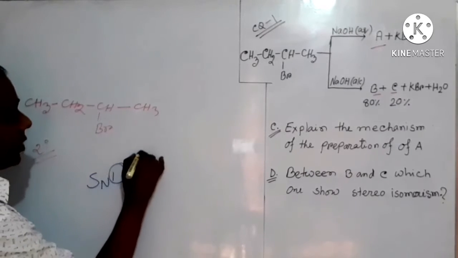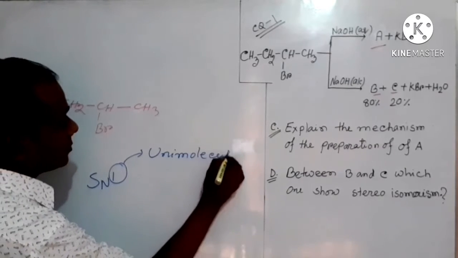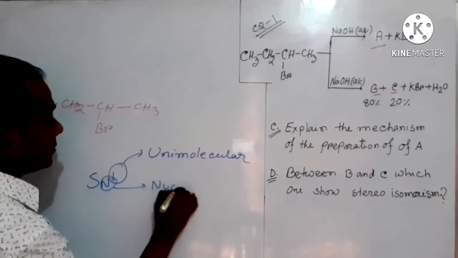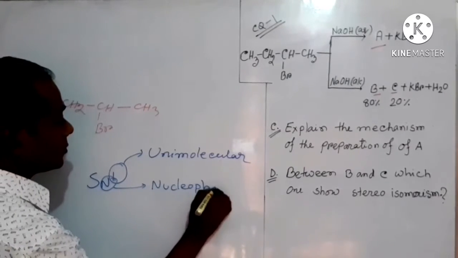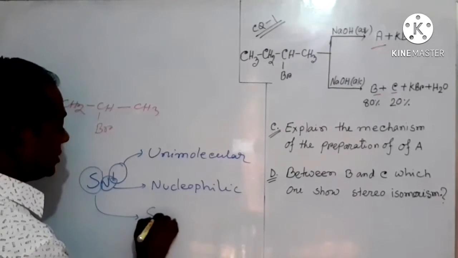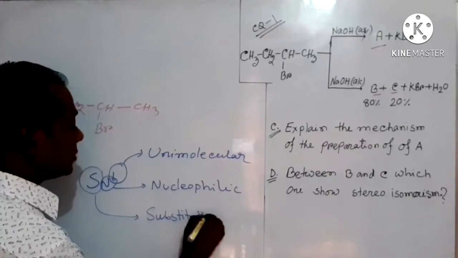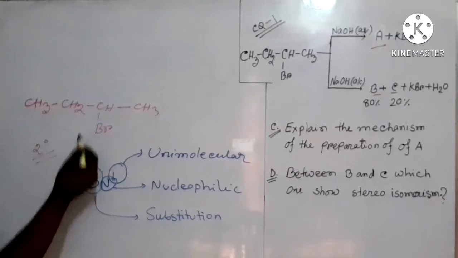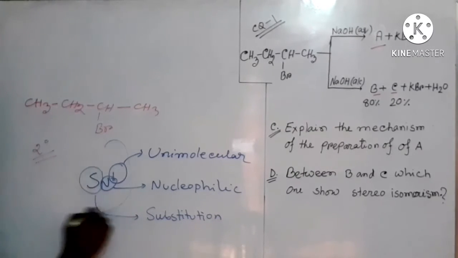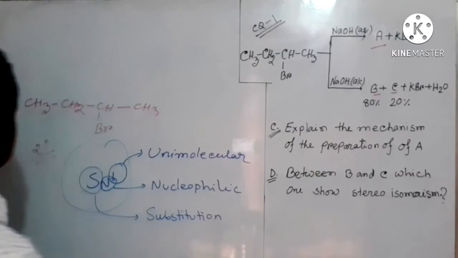Here, 1 stands for unimolecular, N represents nucleophilic, and S represents substitution. So it shows a unimolecular nucleophilic substitution reaction, that means SN1 reaction mechanism. Now we see the reaction mechanism.